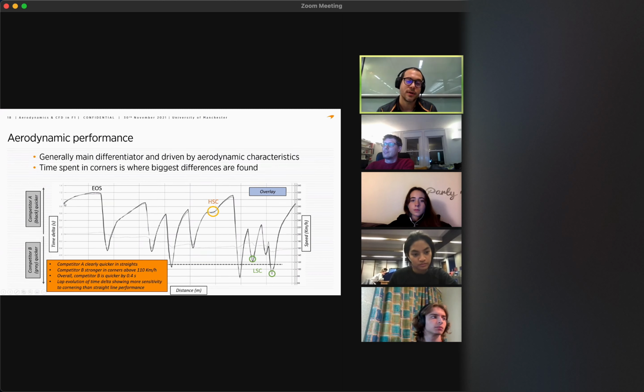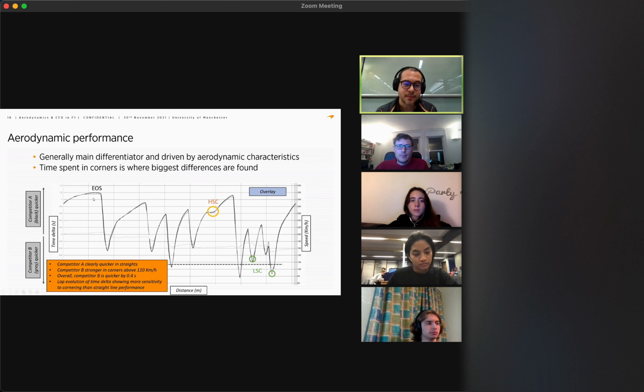Both your competitors accelerate, and you see that competitor A, noted by the black line, delivers higher speed and also brakes later than competitor B.